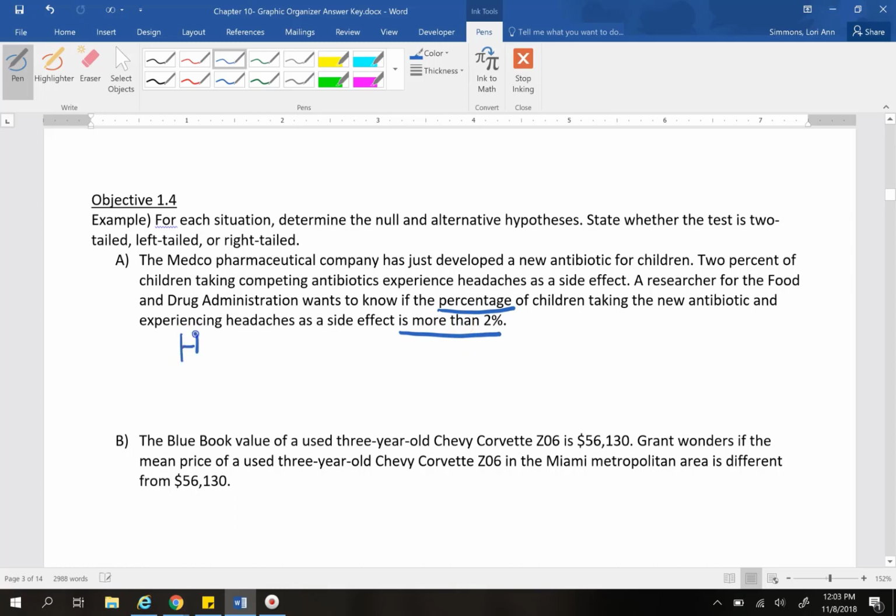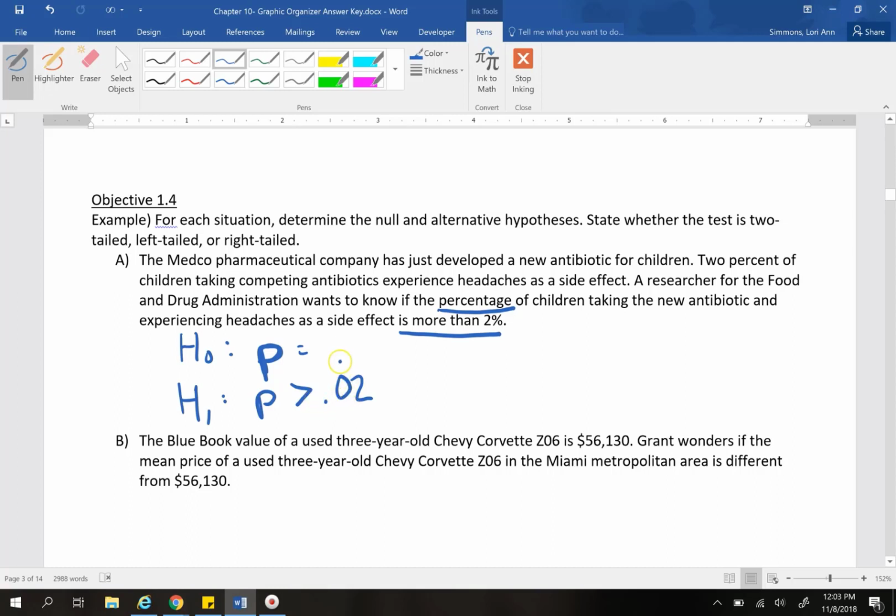So if you remember, the null hypothesis is always going to equal something. Now, what are we working with? We're working with percentages. So we can put a P here for proportion. Our alternative, these always have to match up, your parameter. Now, what are we looking for? More than. More than what? 0.02.